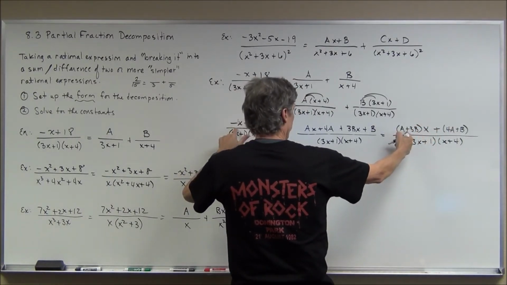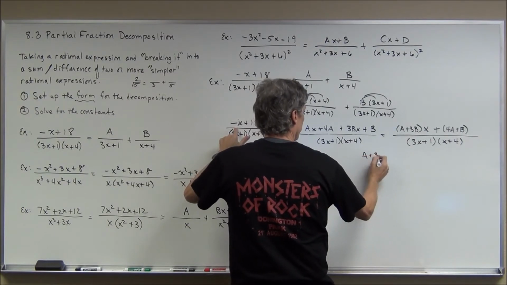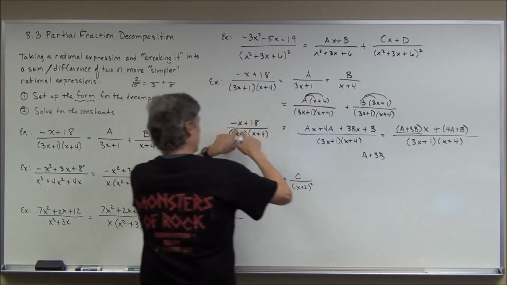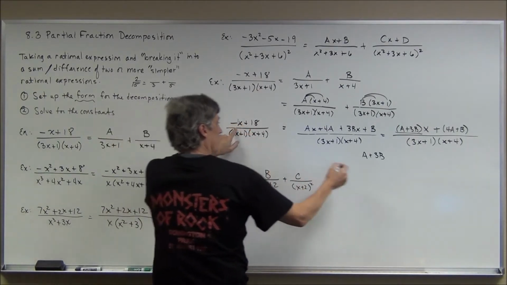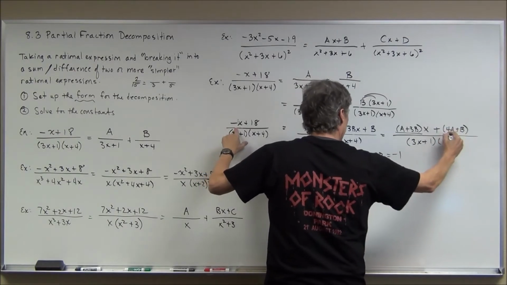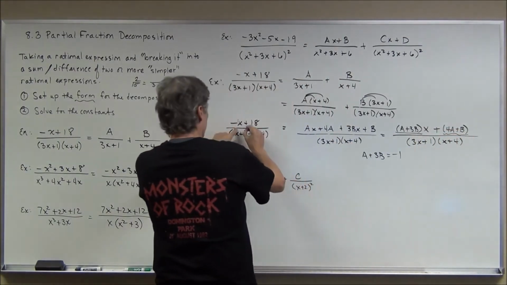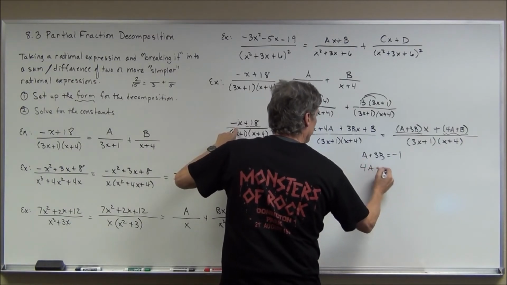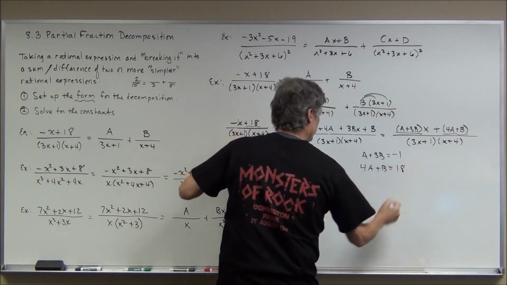So I'm telling you here that a plus 3b, that's this guy right here in front of the x, has to equal this constant that's in front of the x, which is -1. And that this constant term right here has to equal this constant term, plus 18. So that gives me 4a plus b is equal to positive 18.